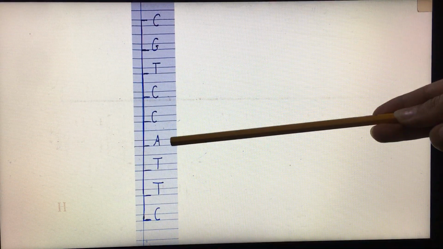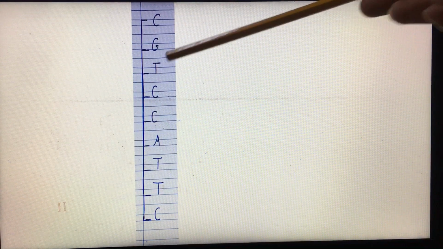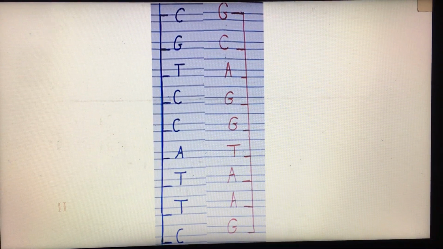So, C, G, T, C, C, A, T, T, C. If I ask you to complete this DNA code, you know that C connects with G and T connects with A, G with C, A with T. So, that's how you would complete. C's and G's go together, and A's and T's go together.